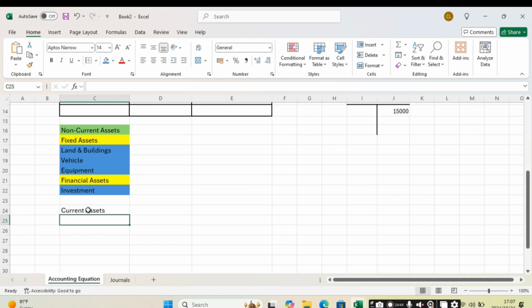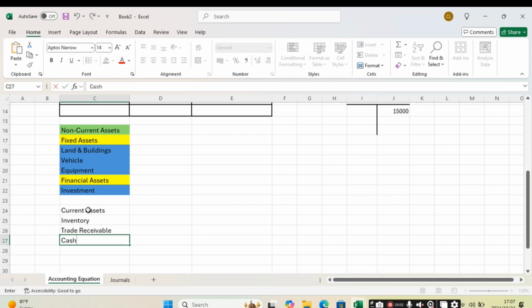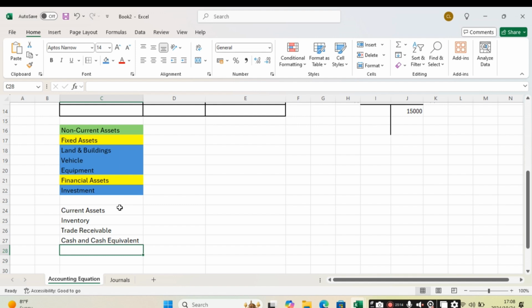We have inventory, trade receivables, and we also have cash and cash equivalent. So this is our current asset, so this needs to be green.